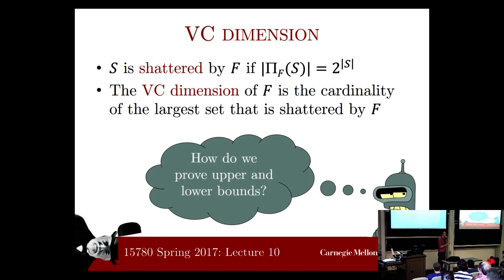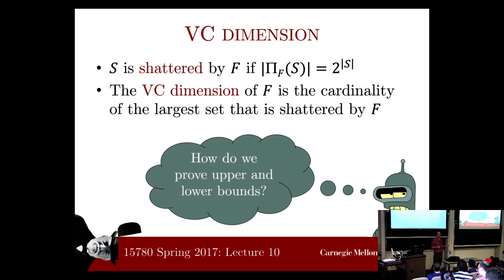So exactly. So let's make it explicit. What we need to show is that for every set of size D plus 1, there exists a labeling. What does it mean that it can't be shattered? There exists a labeling such that no function in F can achieve that labeling.